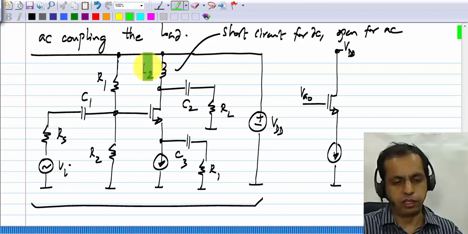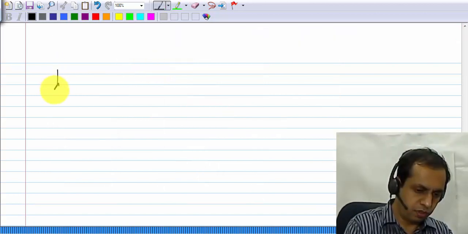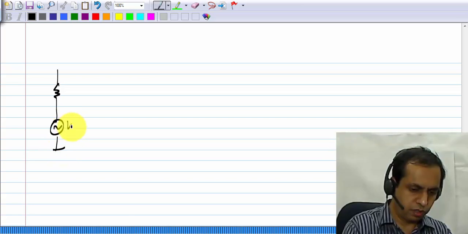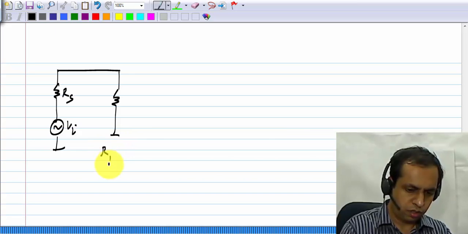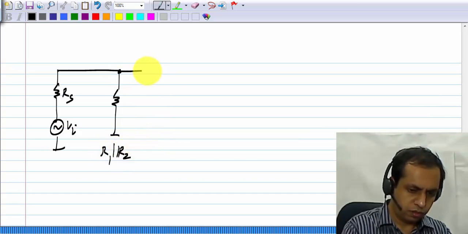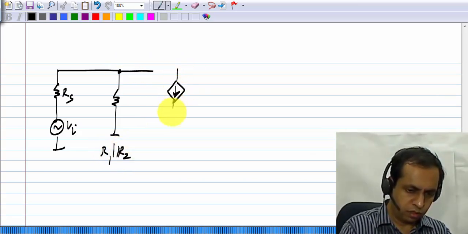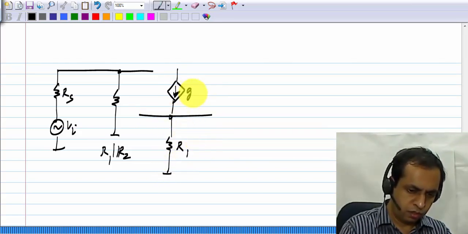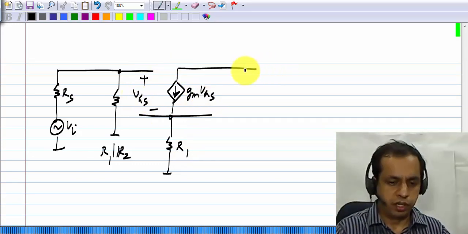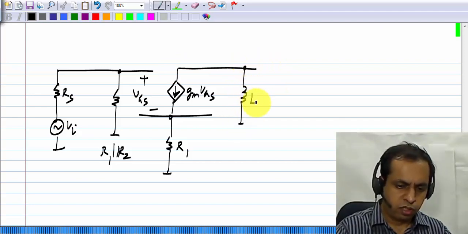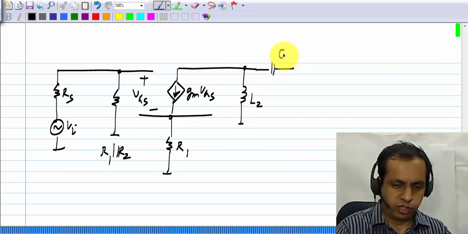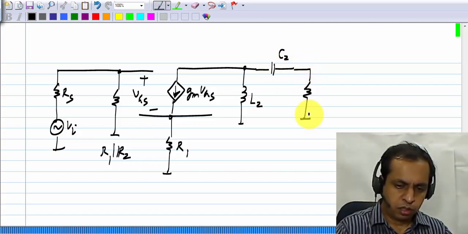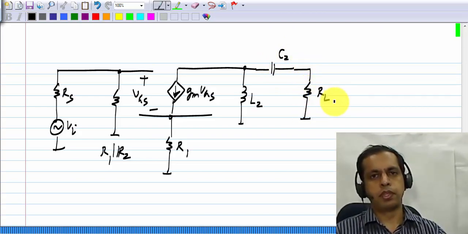Our interest now is to only find the values of L2 and C2. Between the drain and small signal ground, we have L2, and between that and the load, we have C2, and then we have the load resistance. Okay.